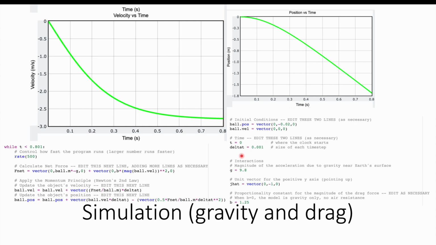We can see from here that the drag constant is 1.25, which is the value that best matched the real life example. Here, once again, we have a velocity update formula and a position update formula, this time in terms of Fnet. And for all of this, we assumed that the mass of the paper plate was 1.